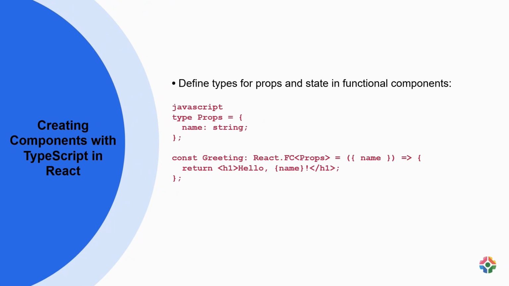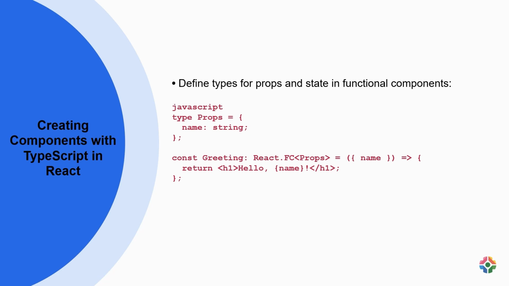In React functional components, we define the types for props and state to ensure type safety and improve code robustness. Props represent the data passed to a component, while state represents the internal data managed by the component. In the provided example, 1. The props type is defined using TypeScript to specify that the component expects a prop called name of type string. 2.